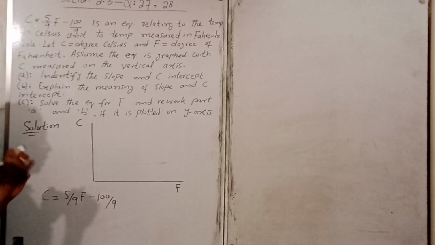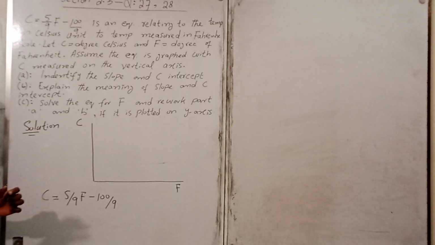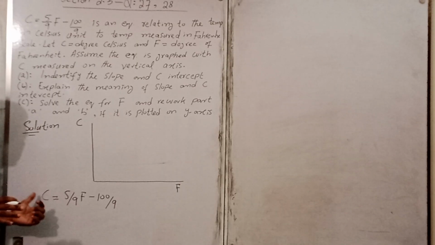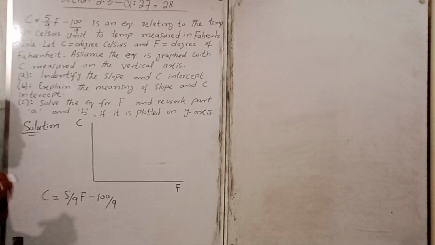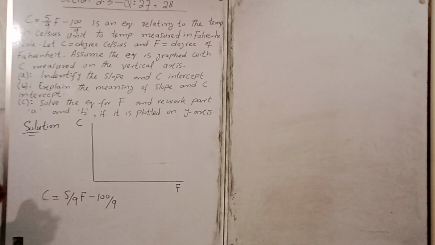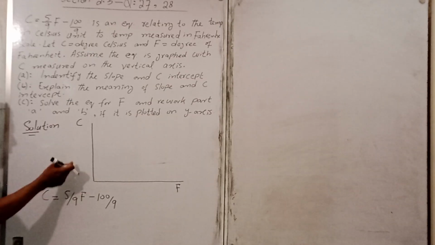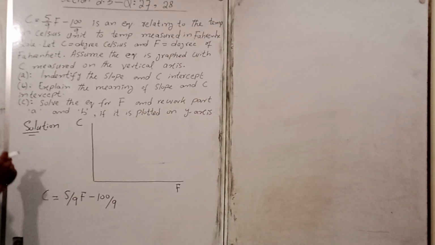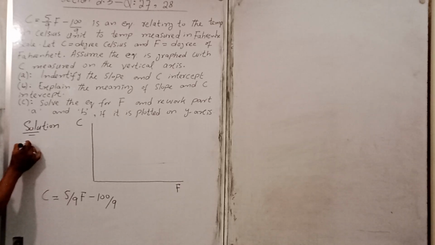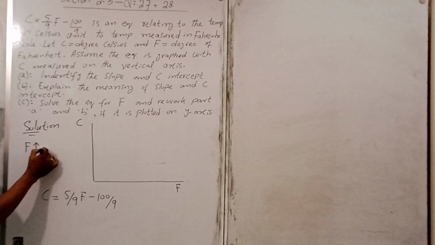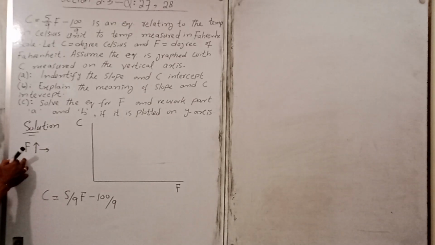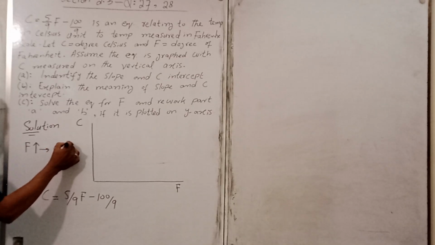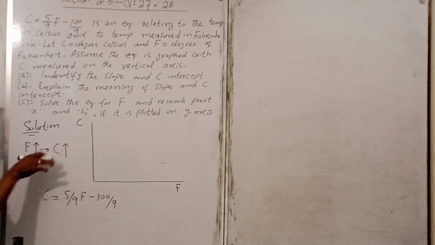First of all, if I ask you what is the relationship between the Celsius scale and the Fahrenheit scale, you can say that there is a positive relationship between Fahrenheit and Celsius. When the Fahrenheit scale increases, the Celsius scale also increases.